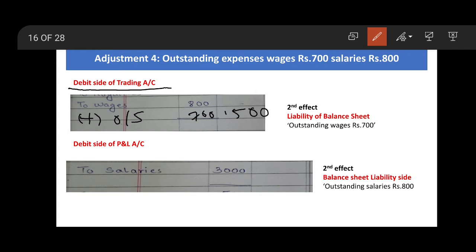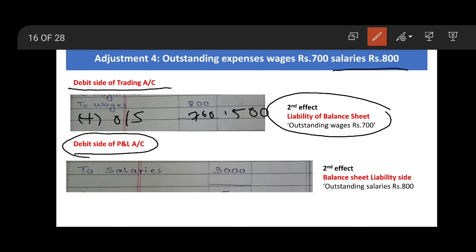The next effect of it goes to the liability side of balance sheet, writing outstanding wages 700. Again the outstanding is salaries, 800. Salaries we already have to the debit side of profit and loss account. To salaries it was already written, so add outstanding 800.